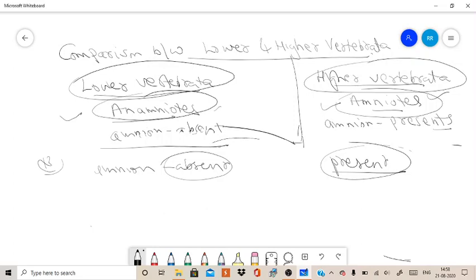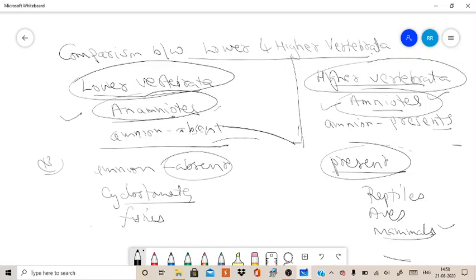As we have already discussed, amniotes include reptiles, aves, and mammals, whereas anamniotes include cyclostomata, then fishes and amphibians. So this is all about the differences, or comparison, between lower and higher vertebrates. Thank you very much.